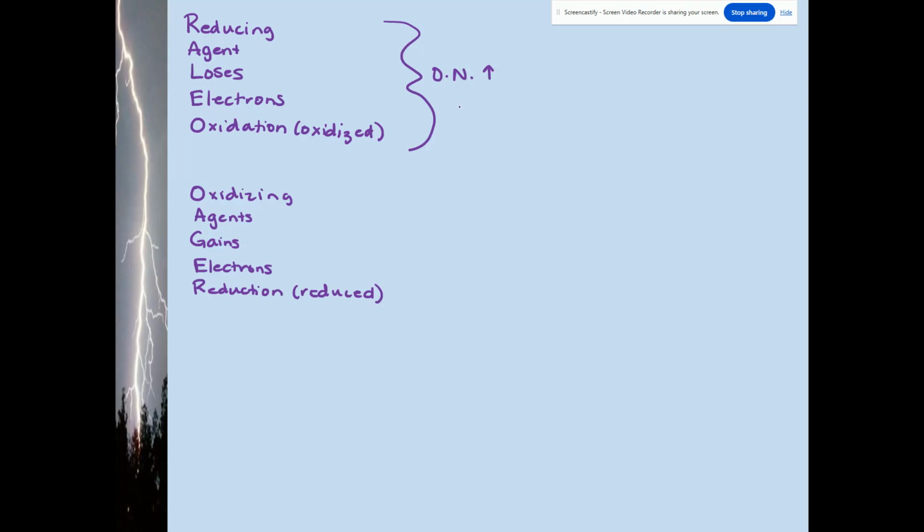Okay? Electrons, when they're being lost, are a product. The OAGER process happens when the oxidation number goes down. When you're gaining electrons, electrons are negatively charged, so they make your ion charge or oxidation number decrease. The electrons are now a reactant.